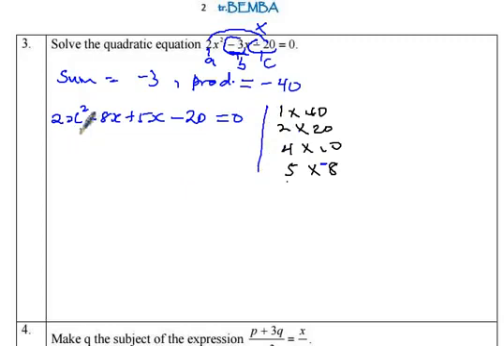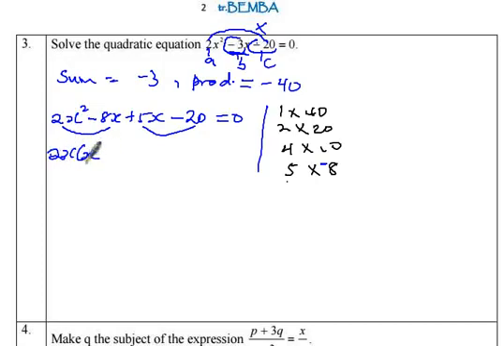Okay, now we have 4 terms, so we are going to factorize. Okay, so what is common to these 2 terms? To start with, we know that 2 is a factor of 8, so we can write a 2 here. Then we have x squared and x, we can write an x into, so what should I put here?